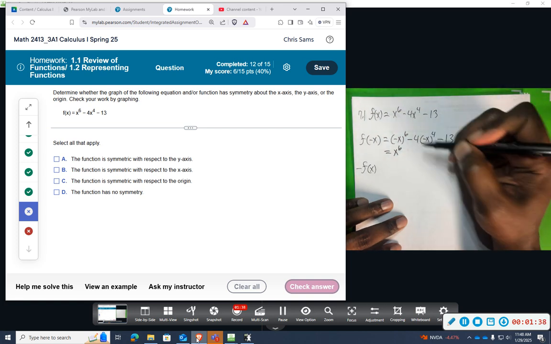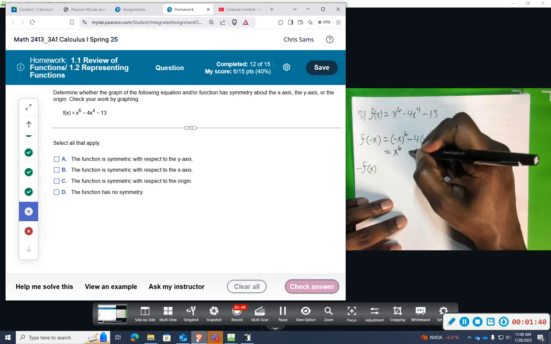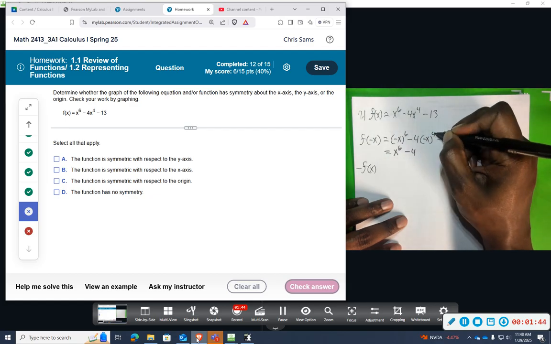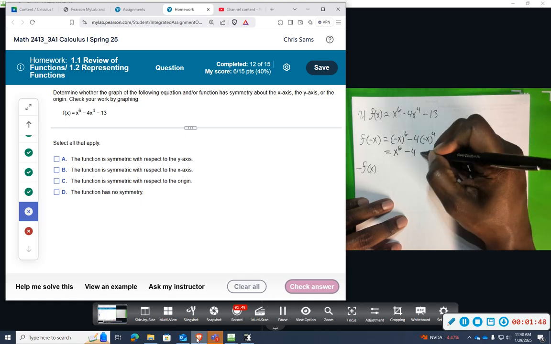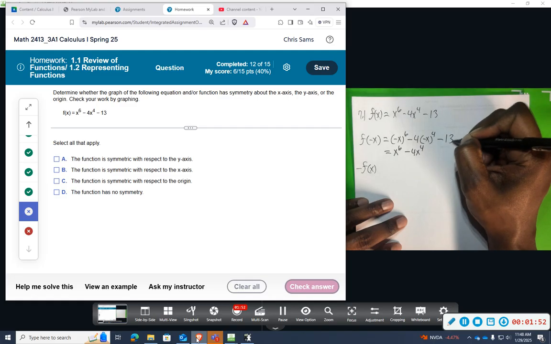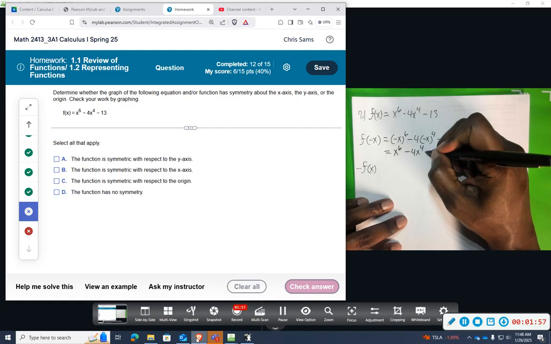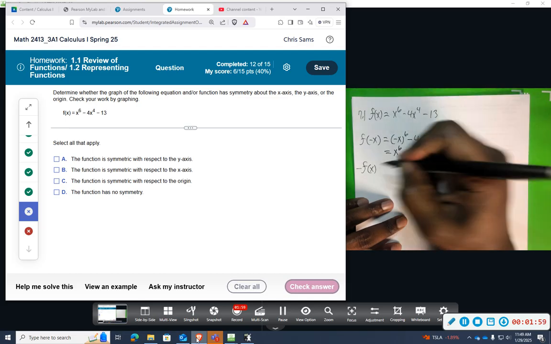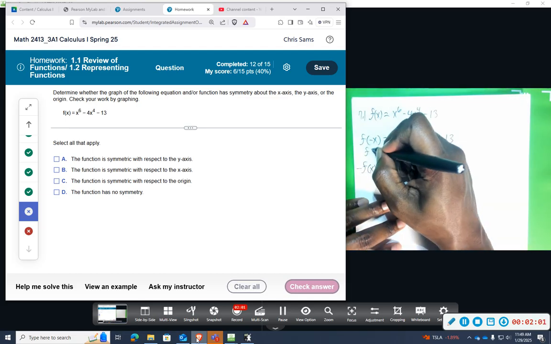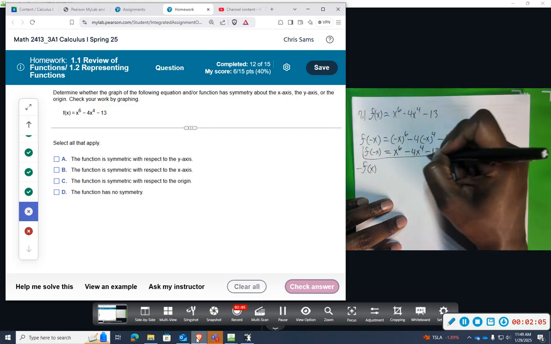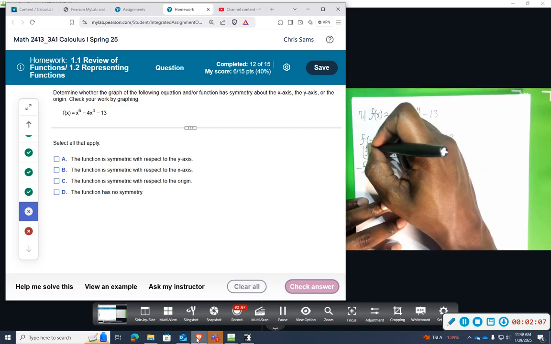The minus 4 isn't affected as a coefficient, and negative x to the 4th again comes out positive, so this will still be minus 4x to the 4th, and the 13 is not affected by x. It doesn't have a variable attached, so still minus 13. So simplified, f of negative x is equal to this expression here.